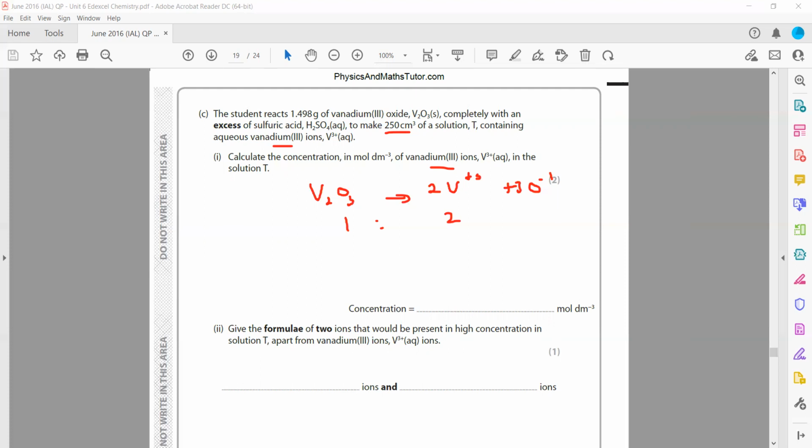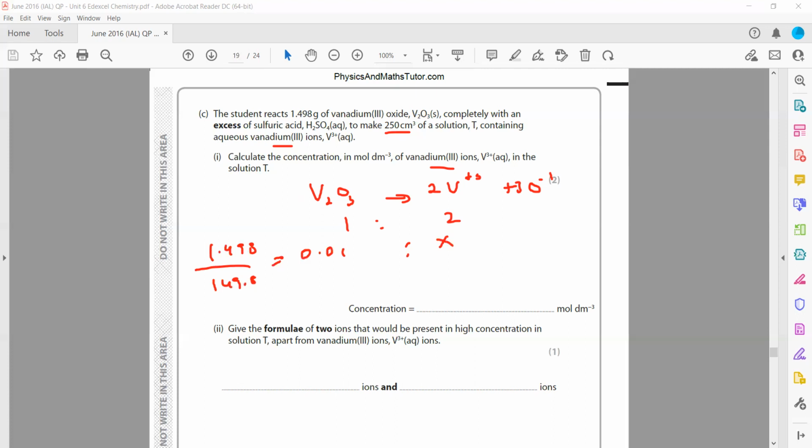So 1.498 divided by the molar mass of vanadium(III) oxide, which we get using a periodic table. It will be 149.8. So it will give us 0.01, and then we'll use the ratio, 1:2.